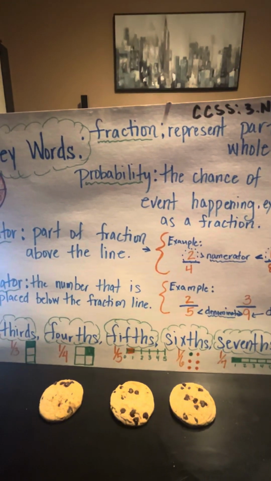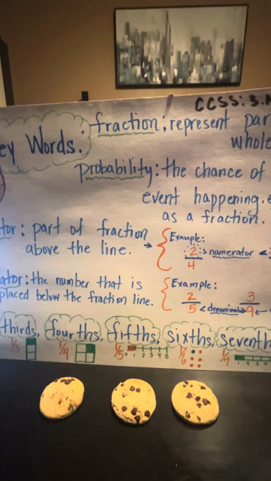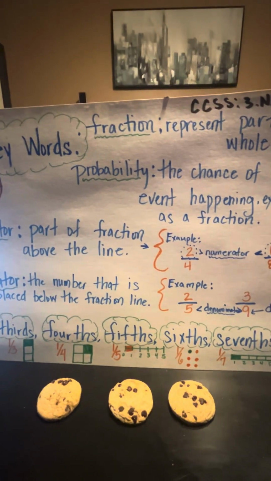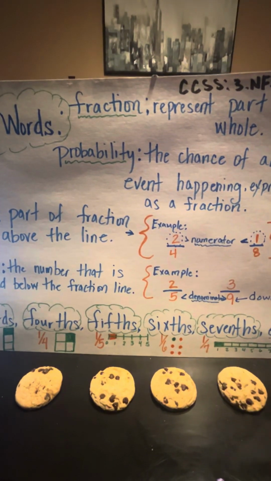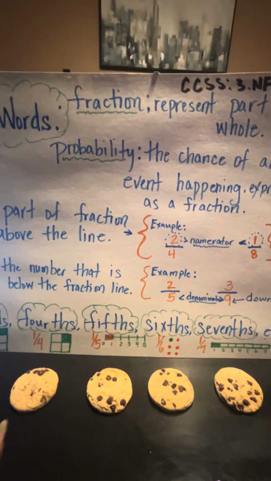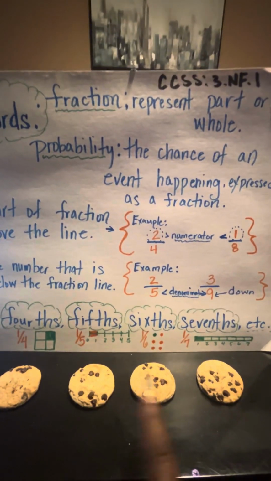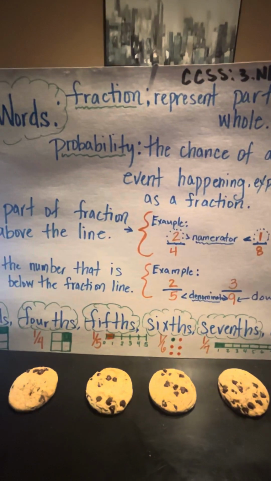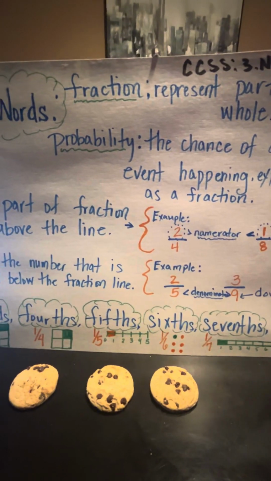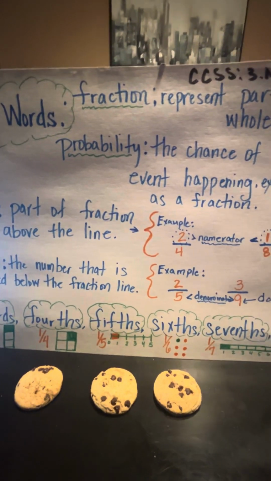So what fraction of the cookies did we give to Thomas? So if we gave him 1, how many cookies do we have? We want to count. 1, 2, 3, 4. We do all of this together as a class. We take 1 away, okay?